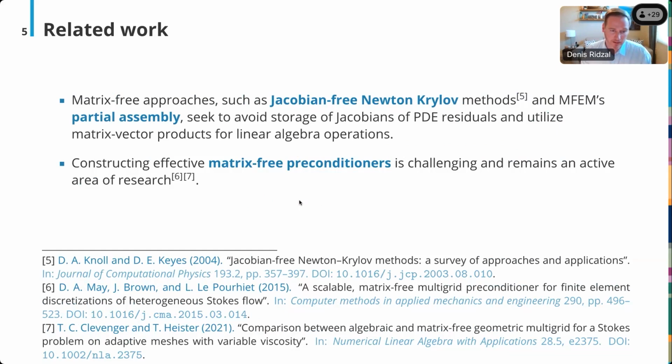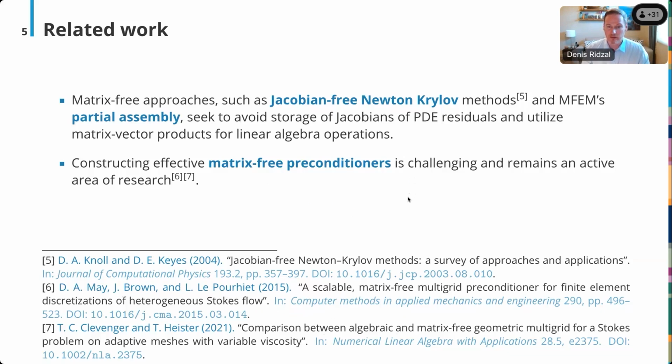Of course, that has to be accompanied by the construction of matrix-free preconditioners, which is a challenging task, and there's quite a bit of research going on in that area. And there are just a couple of references on matrix-free multigrid preconditioners, such as those by May, Brown, etc., and Clevenger and Heister.